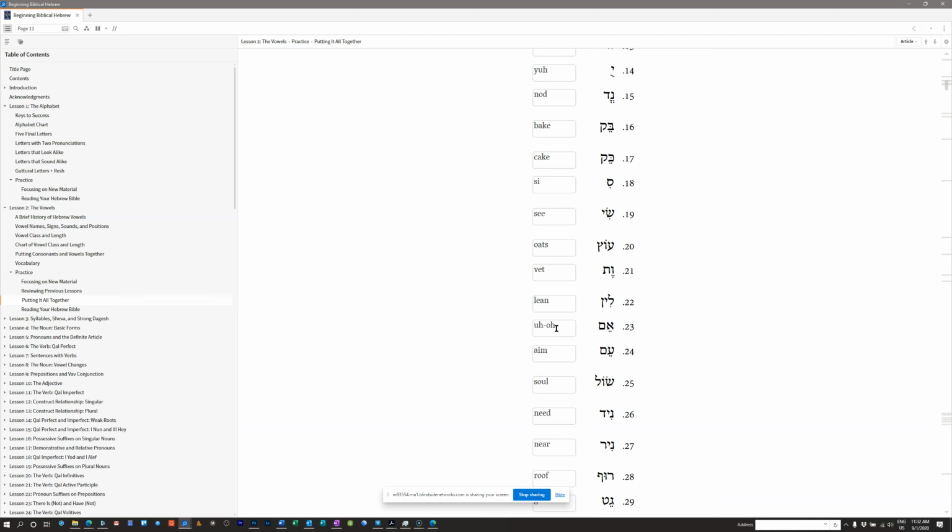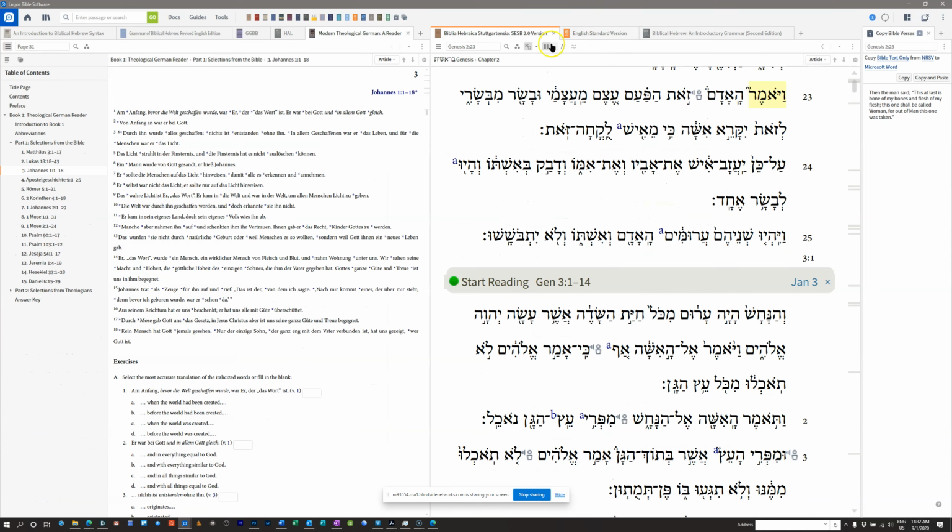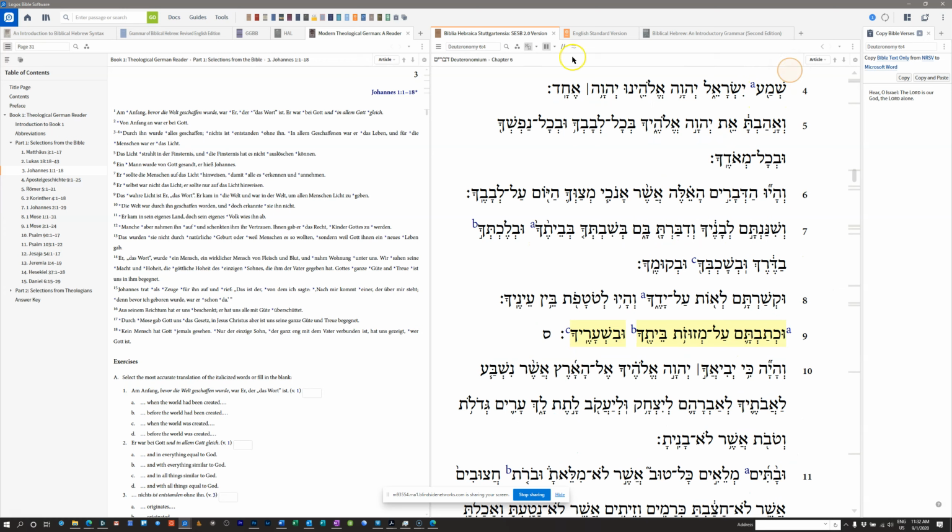One place where you may want to bring in the pronunciation of the aleph is when the aleph occurs between two vowels. So for example, let's take the word Yisrael, Israel, okay?